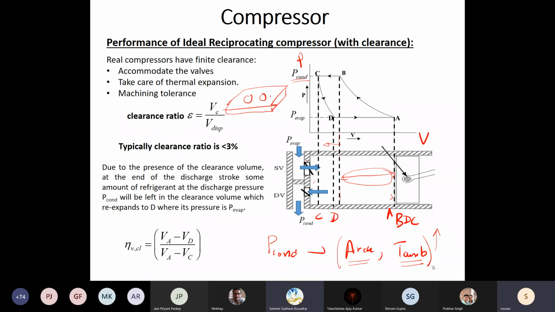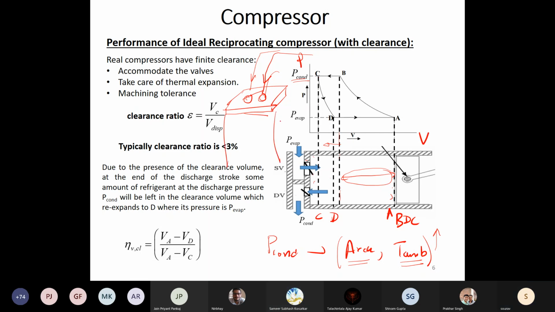If you remember the valve plate, let's say this is the plate in which you have a hole for the suction. Where was the valve located? This is the direction in which gas will enter. Will the flap be located on top or at the bottom?